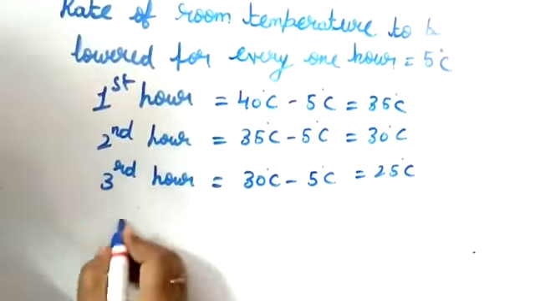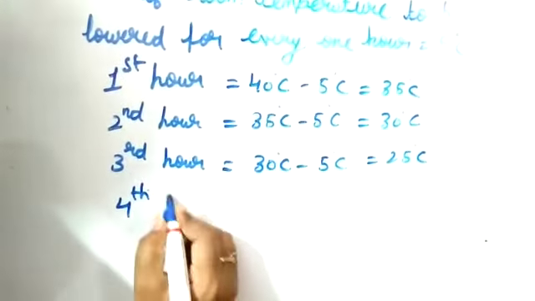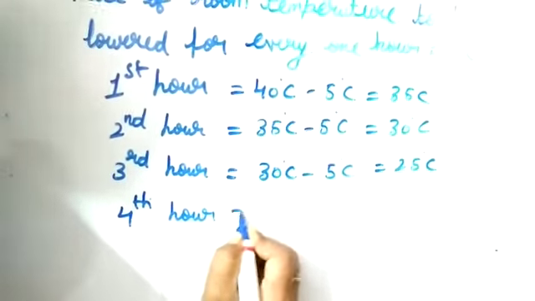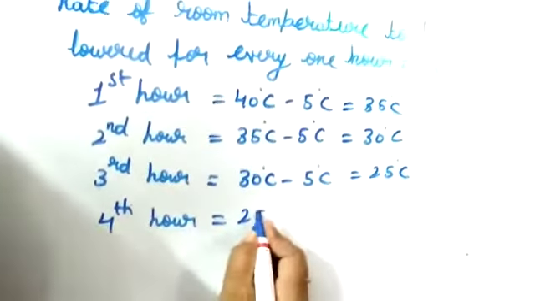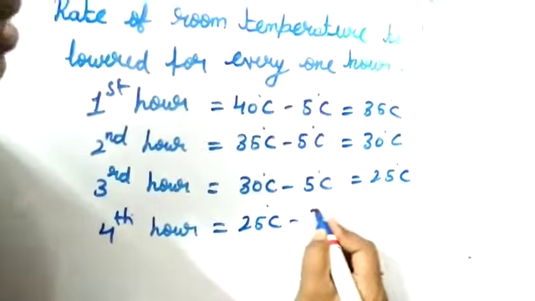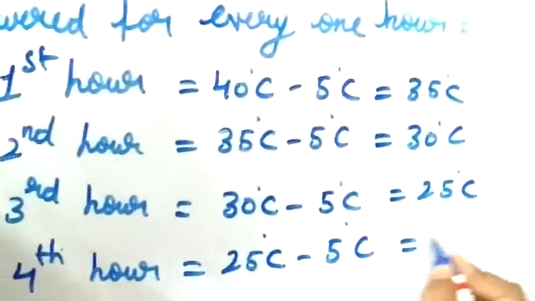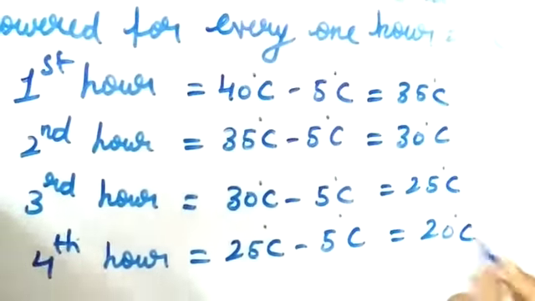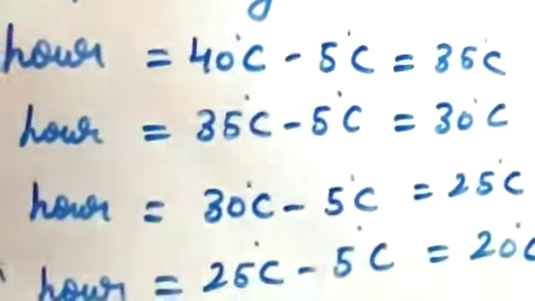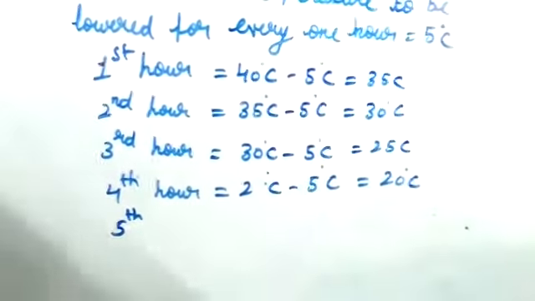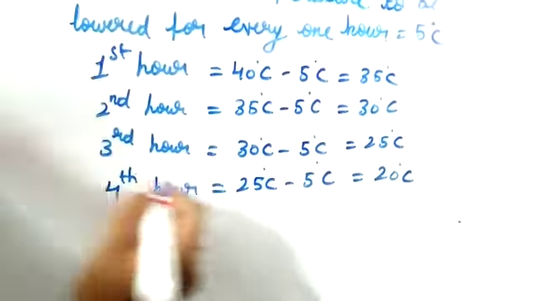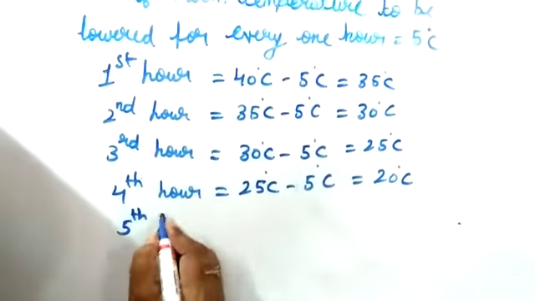Now we will check for the fourth hour. Fourth hour room temperature is 25 degrees Celsius minus 5 degrees Celsius. We will get 20 degrees Celsius. Now next we will check for the fifth hour.